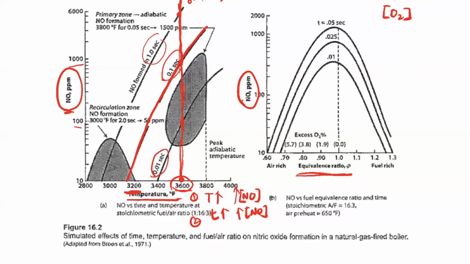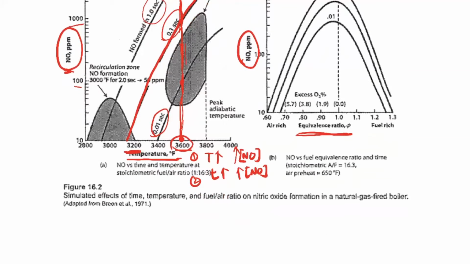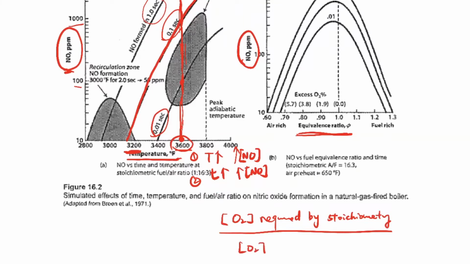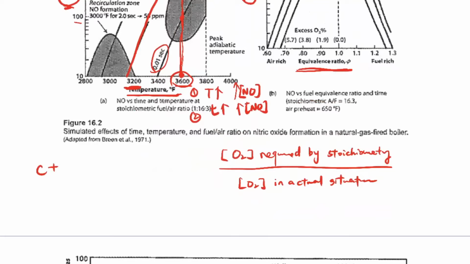So you can think of the equivalence ratio as the oxygen that's required by stoichiometry divided by the oxygen in the actual situation. Okay, so what this means is that, let's say we're trying to combust carbon here. We know that the carbon and oxygen are going to react with a 1-to-1 ratio.